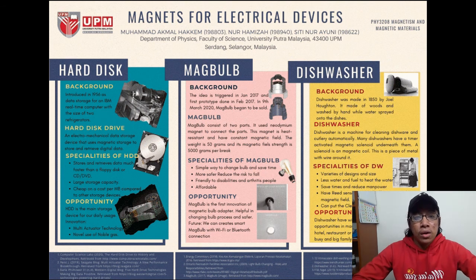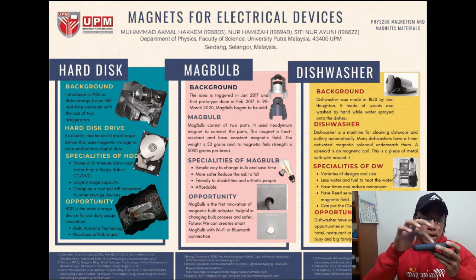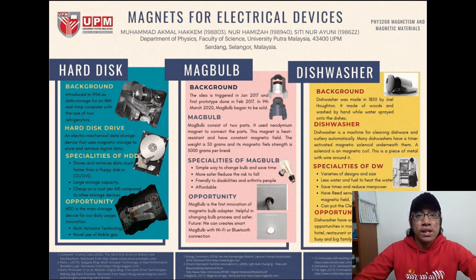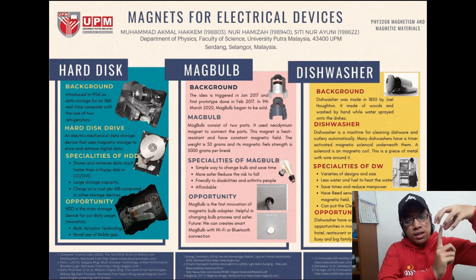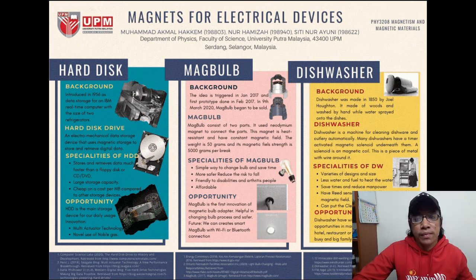For the component located at the middle of the platter, the spindle holds the platters in a fixed position with enough space for the read and write arms to get to the data on the platters. Hard drives typically have several platters which are mounted together on the same spindle.